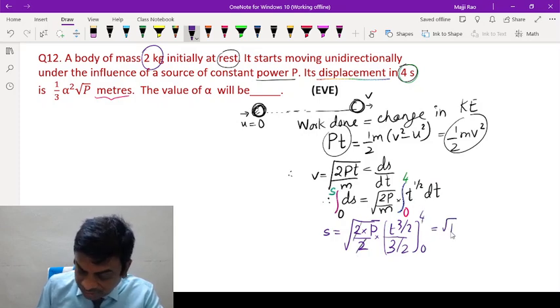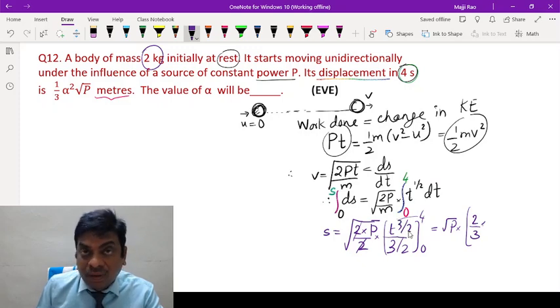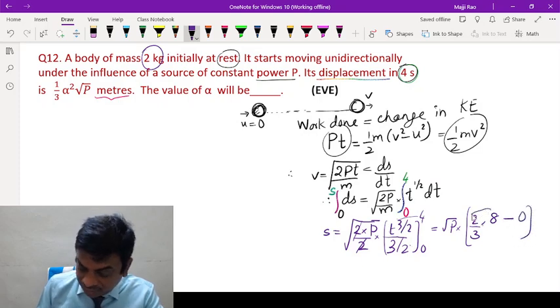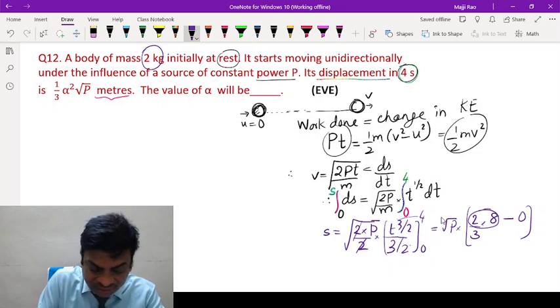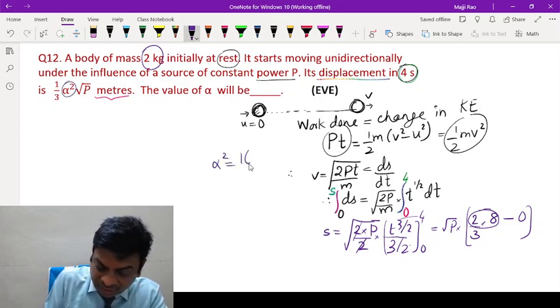So root P remains as it is, then you have 2 by 3. When you substitute the upper limit, 4 to the power 3 by 2, 4 to the power half is 2, 2 cube is 8, minus 0. So you have alpha square is 16, as you can see. So alpha is 4. So 4 is the correct answer.